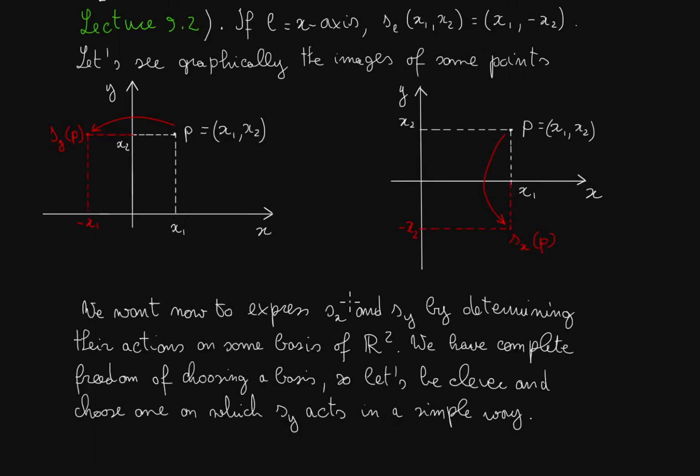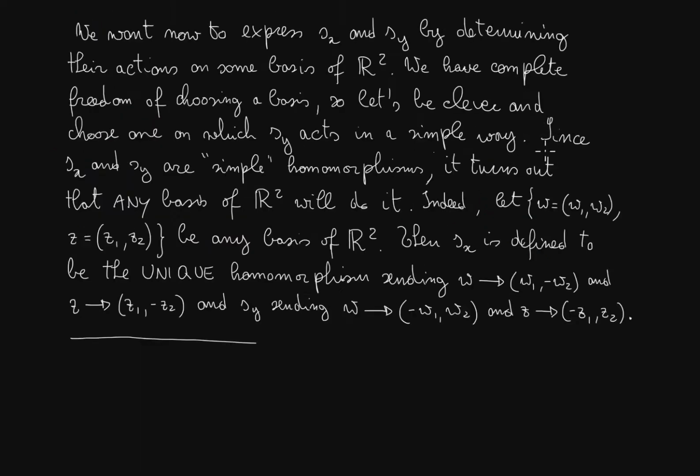We want now to express Sx and Sy by determining their actions on some basis of R2. We have complete freedom of choosing a basis. So let's be clever and choose one on which Sy, for example, acts in a simple way. Since Sx and Sy are simple homomorphisms, it turns out that any basis of R squared will do it.